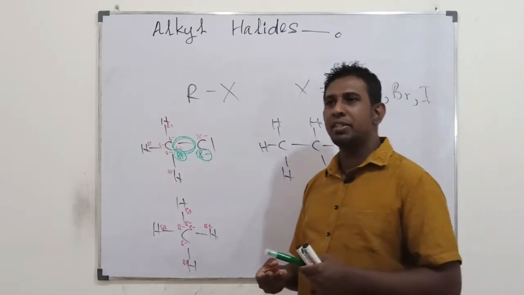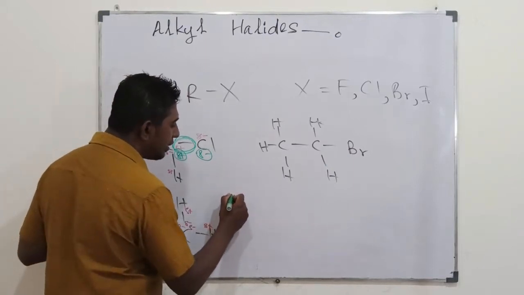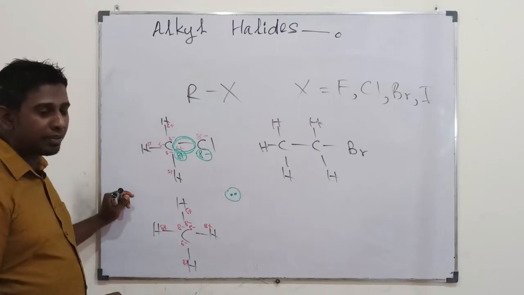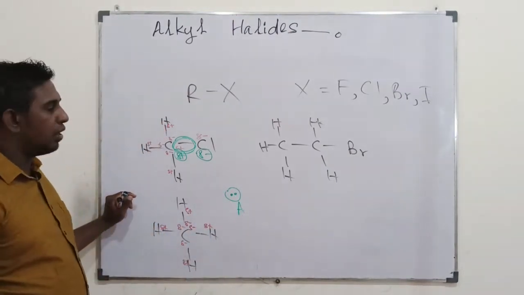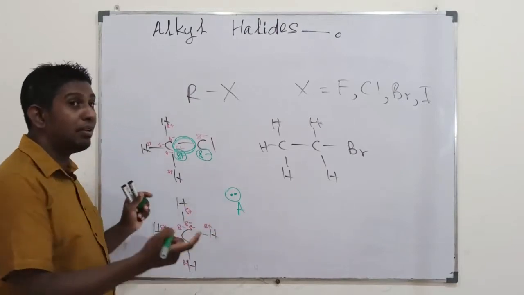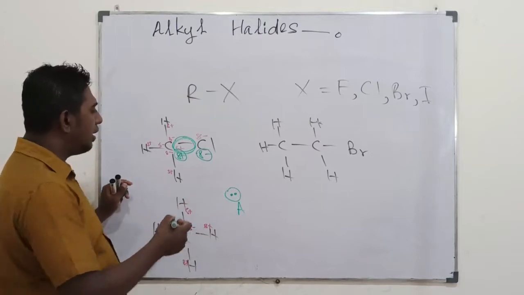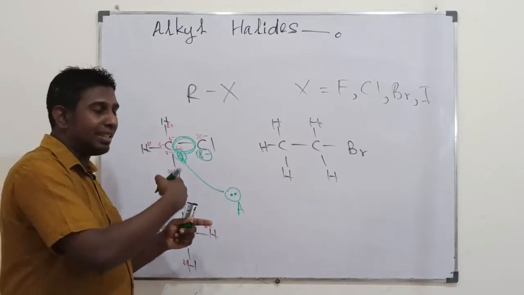So when this carbon finds any other species carrying electrons, especially lone pairs or negative charges, then it would get attracted towards that and get attached there.